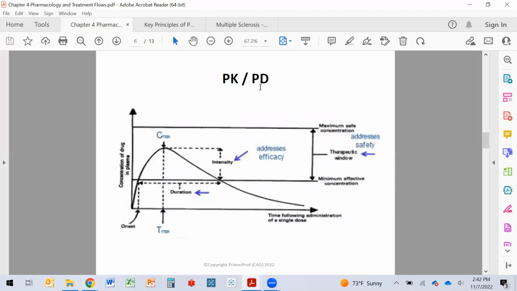When we understand PKPD, this is one of the more famous graphs. And what that shows you is basically how a drug concentration in the plasma changes over time. So when you administer the drug, there's a time frame, Tmax, where the drug has the highest concentration in the plasma, and then it decreases over time.